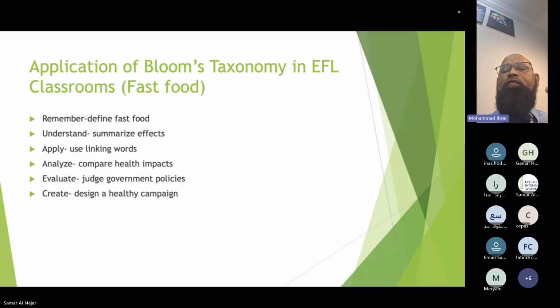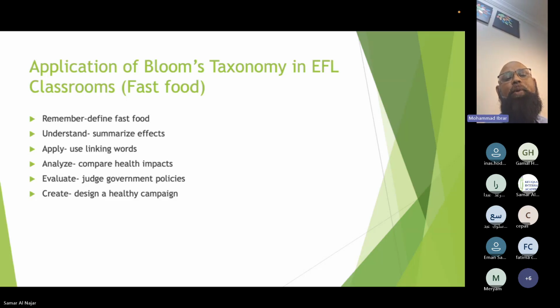So define fast food. What is fast food? That's remember; he remembers the definition of fast food. And then, can you summarize the effects? Like what are the effects if people eat fast food a lot? So he understands. Now, application: use linking words in a paragraph.